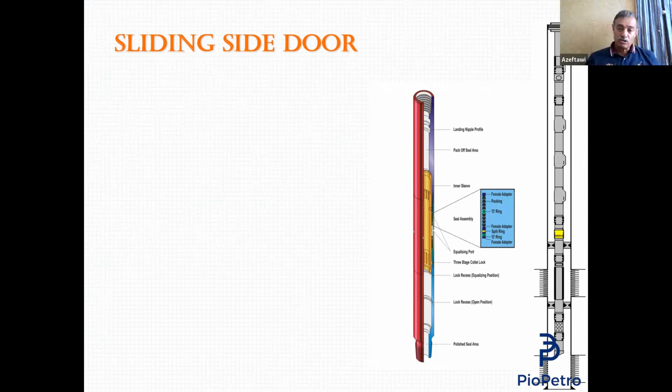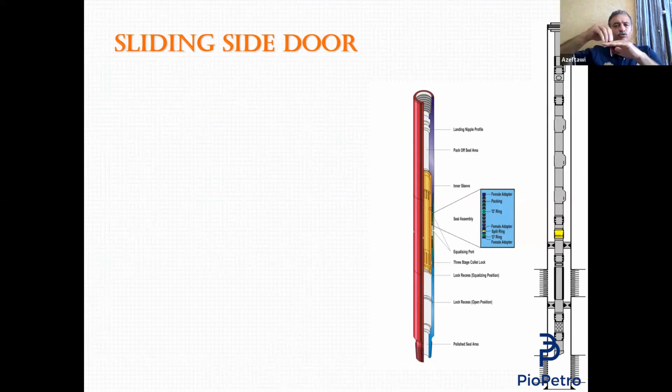If this door is in closed position, you notice there are some ports here. These ports are closed, so there is no communication between the tubing and annulus. If we need to establish communication between the tubing and annulus, what we do is we run with the wireline, we latch on this sliding door, and then we start jarring.